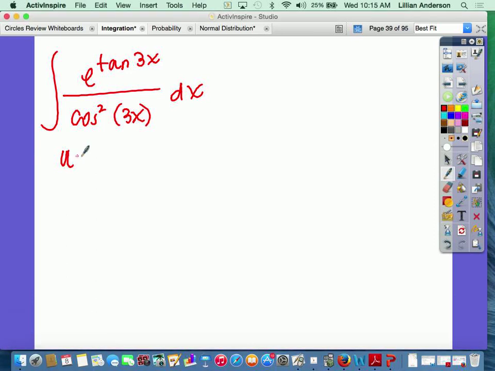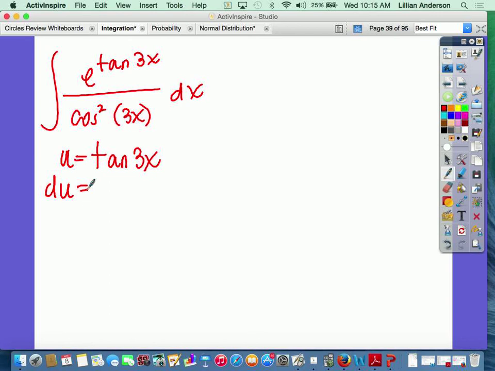Substitution. What am I going to make u? Tangent 3x, yes, because you got the exponent there. And yeah, I would say the rule of thumb is make that exponent your u, okay? Now, you got to go back, you got to think, okay, so what is the derivative of tangent? Was that one that was on my reference sheet? That is, that's the identity for tangent. It's 1 over cosine squared x.